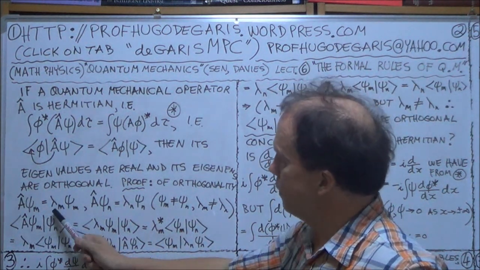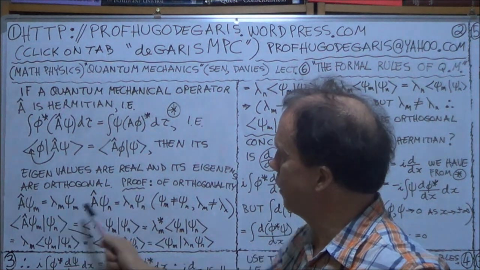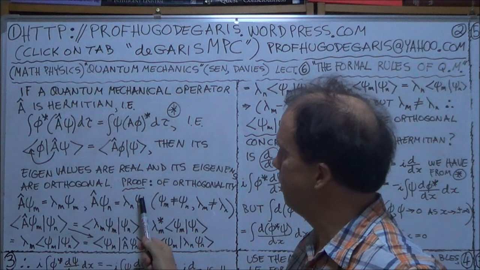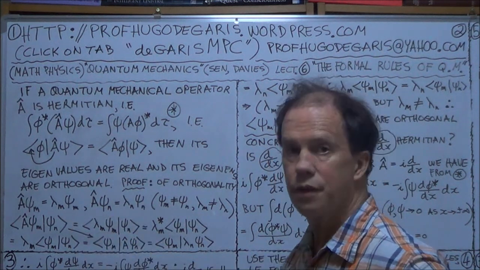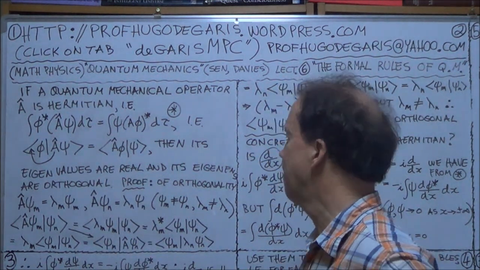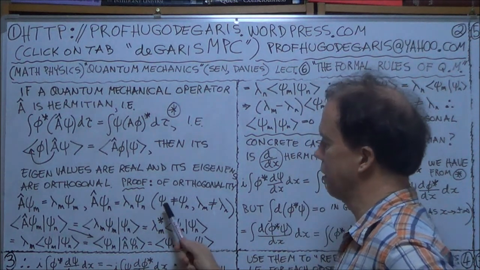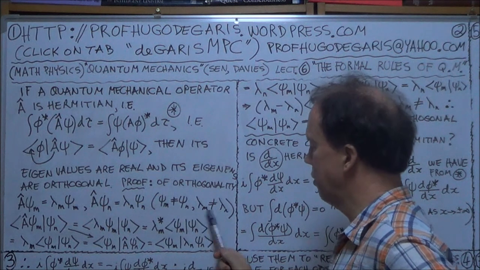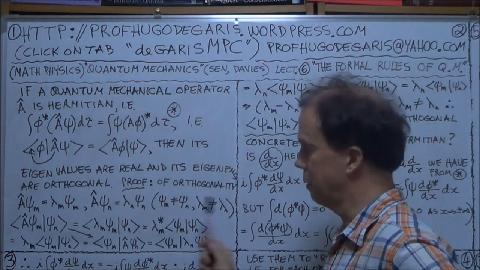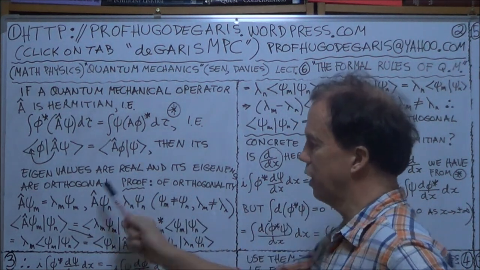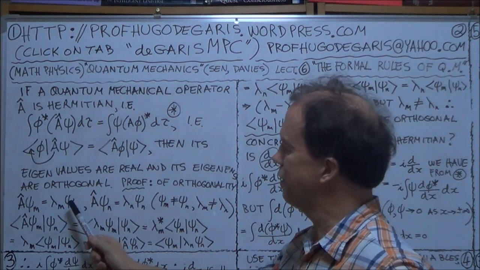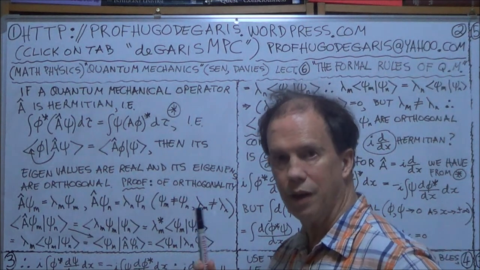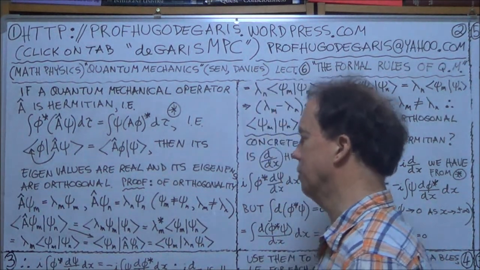So let's assume that these two corresponding eigenvalues are different, and therefore these two eigenfunctions are also different. That's assumed here. So we're talking about two different eigenfunctions, and the two eigenvalues have different values. That's the assumption, and we're trying to prove that the bracket of psi m and psi n will be 0. In other words, they are orthogonal. That's what we're trying to prove.